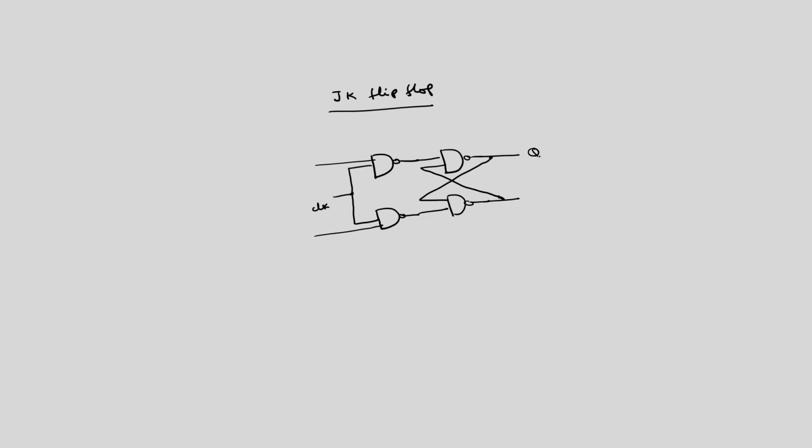So, this will be Q bar. This was the simple SR circuit. Now, to get JK flip flop, we will add one more connection here. Now, this becomes JK. By using this, the problem with 1 1 can be avoided. You can also verify that when clock is equal to 0, the flip flop remains in the previous state.